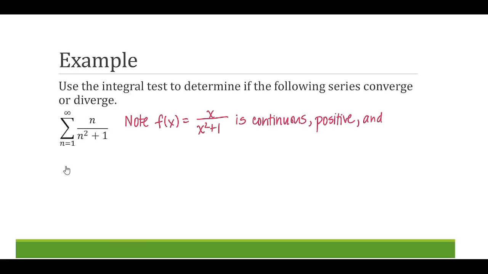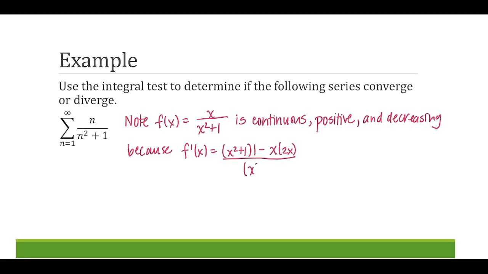And decreasing, so we're going to have to show this. Let's take the derivative now, because f prime of x is equal to the bottom function, or low, d high, the derivative of the top is 1, minus high, that's the top function x, d low, the derivative of the bottom is 2x, over the bottom squared, low squared.